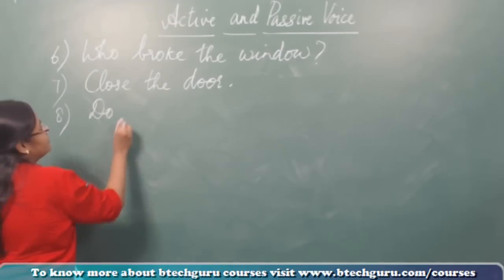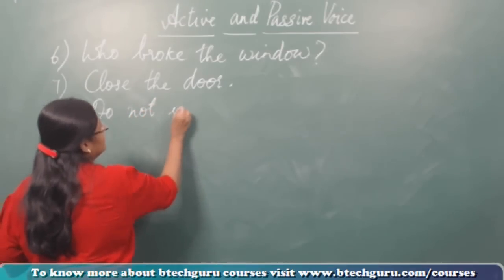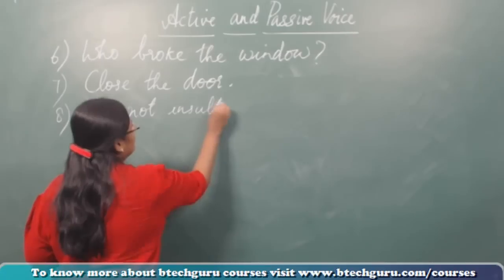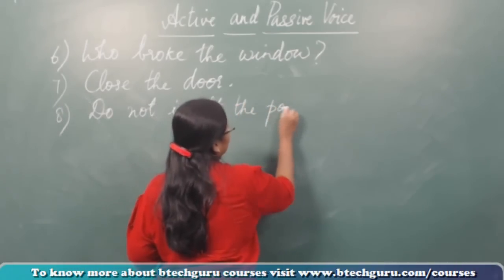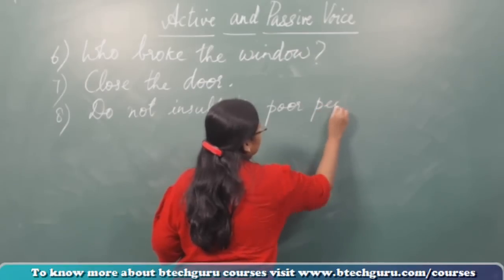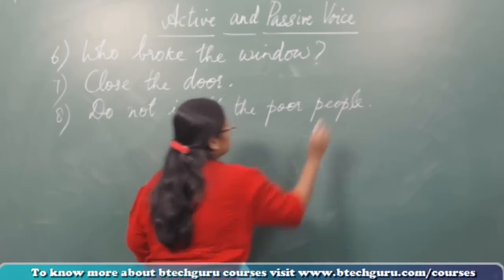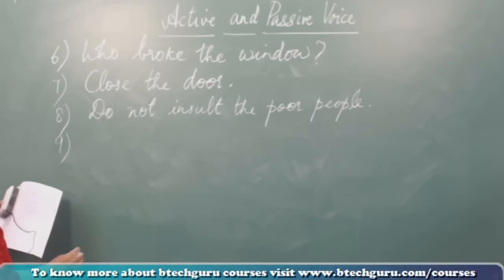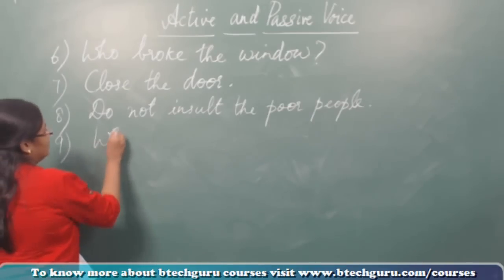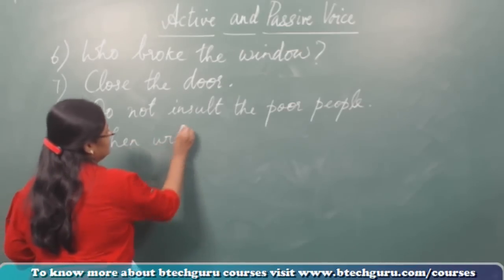Now, a negative imperative. Do not insult the poor people. Another interrogative.